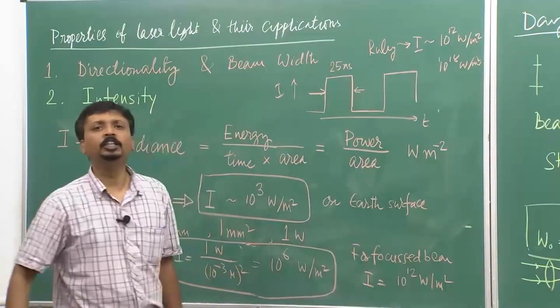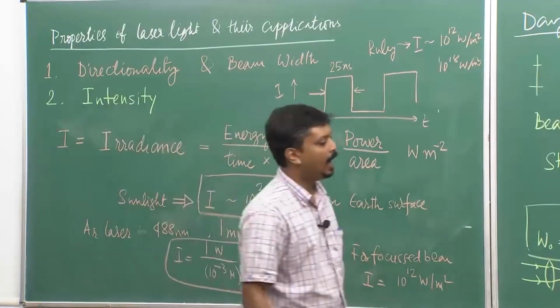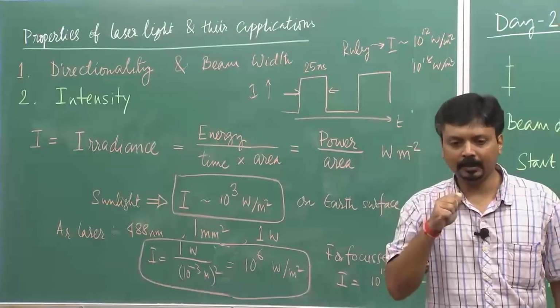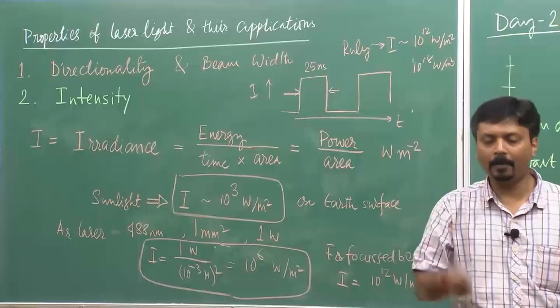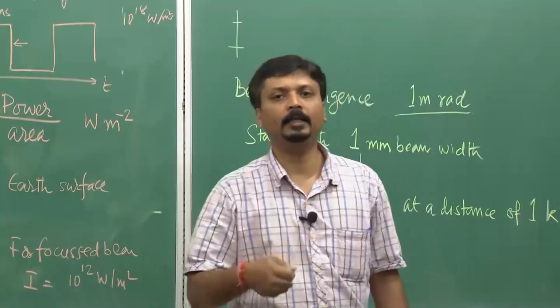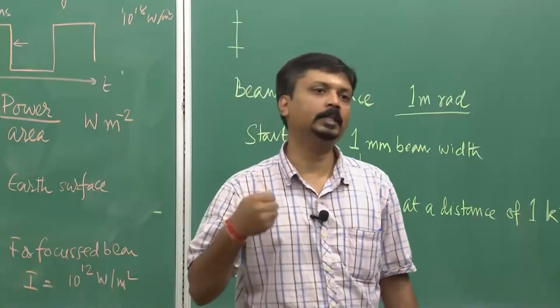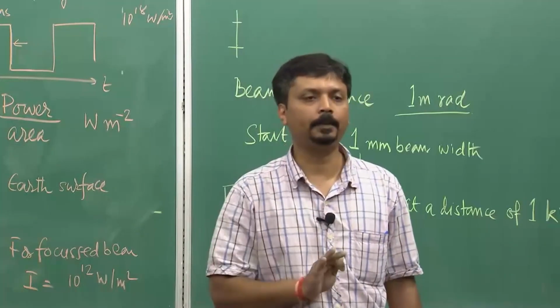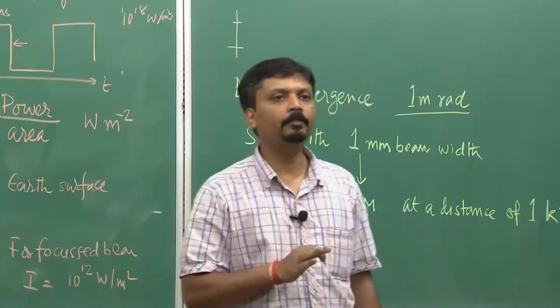So it is a huge amount of intensity, and this is the property which the industry really capitalizes on. Because of this high intensity, it can cut almost anything and everything.